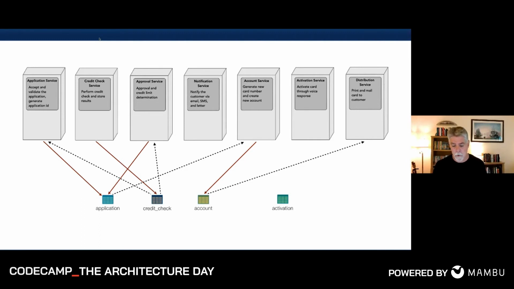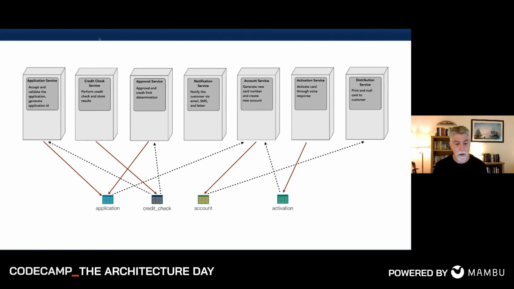What's the account number and stuff like this to be able to print the card. And finally, the activation service owns the activation table, and so that saves or writes to that table to say it's been activated, pending activation. And then the account service actually reads that to get the activation status to see if you've activated your account yet.